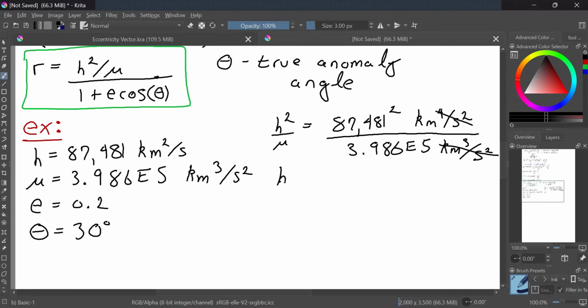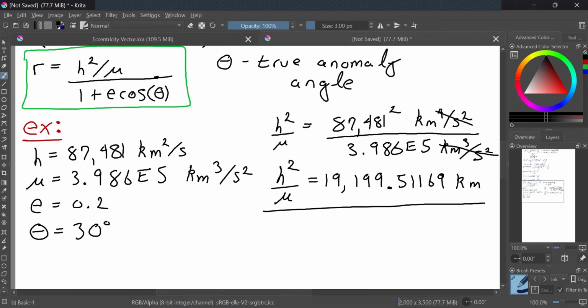We have our numerator being 19,199.5169 kilometers.